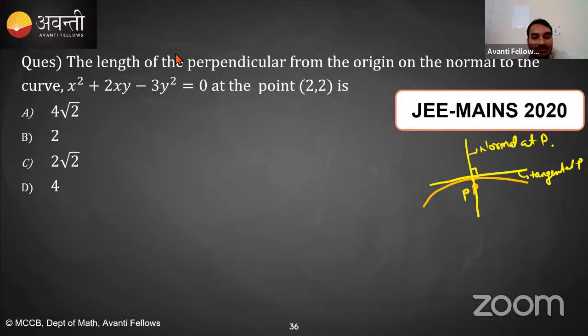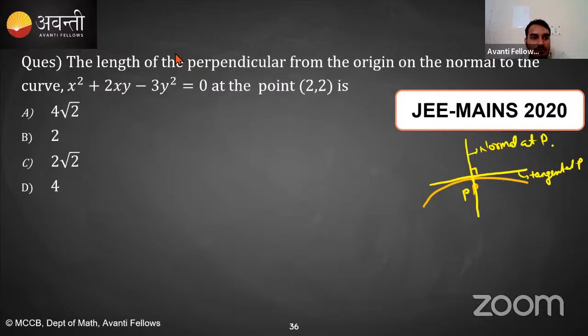So tell me the answer then. The question is very easy, no doubt about it. Tell me the answer quickly in the chat box. Which option is correct? A, B, C or D?